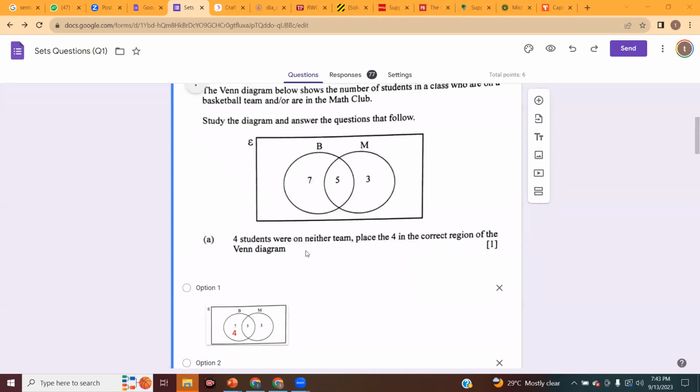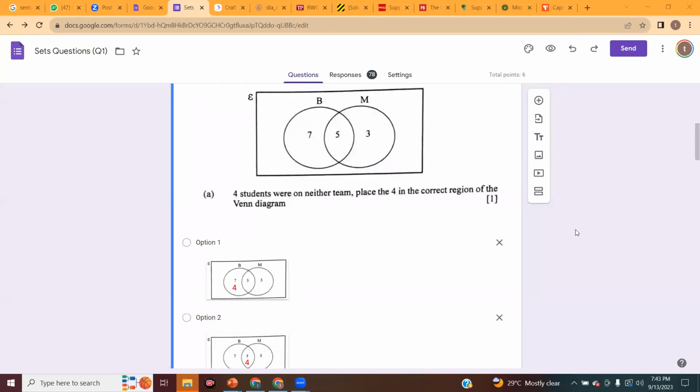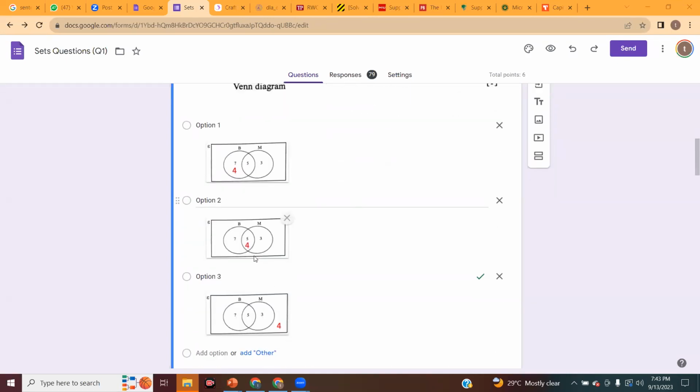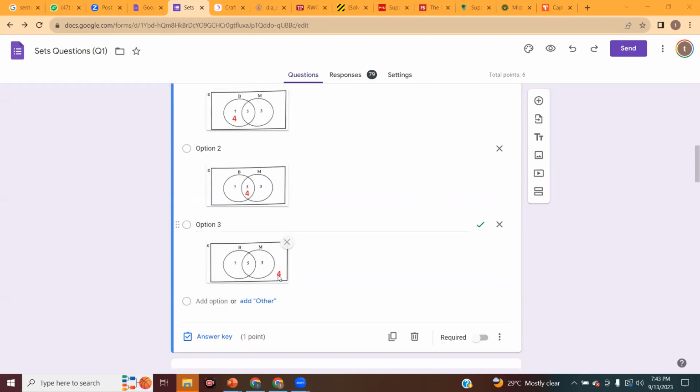It's saying put the 4 where it's supposed to be. Is 4 supposed to go inside of B? Is 4 supposed to go inside of the intersection? Or is 4 supposed to go on the outside? Okay.